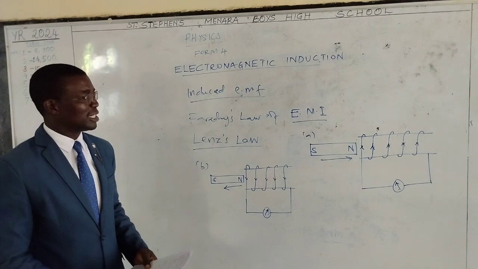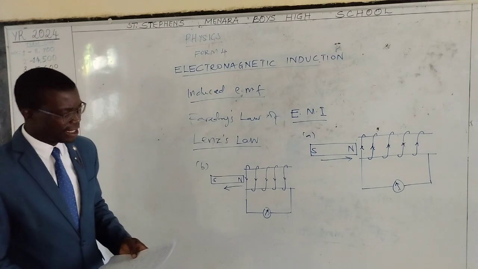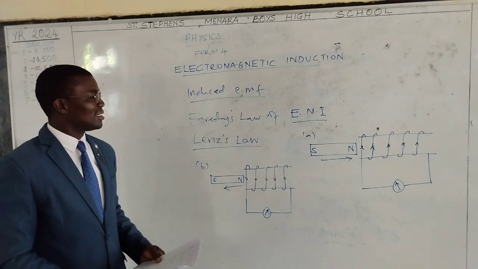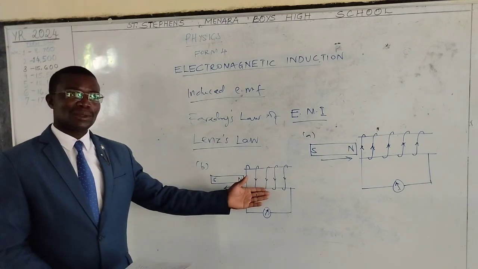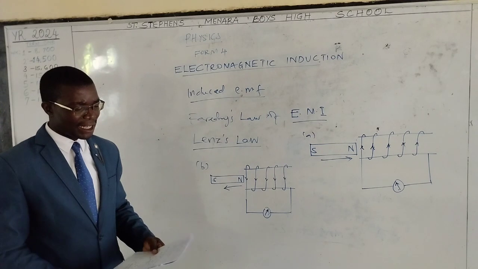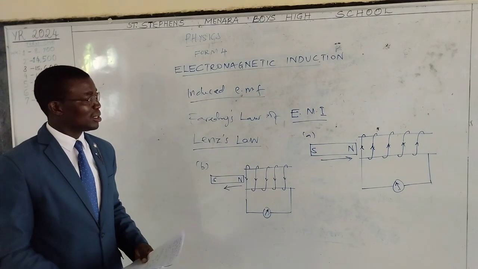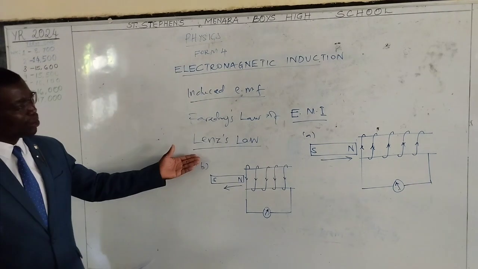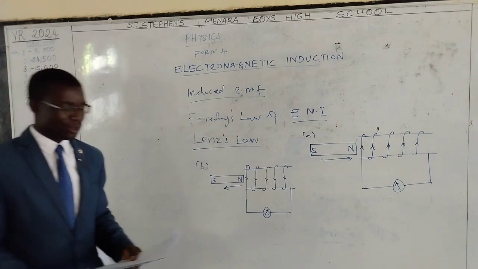Again, the direction of induced EMF is such that the induced current which it causes to flow produces a magnetic effect that opposes the change producing it. And this law is in conformity with the law of conservation of energy.